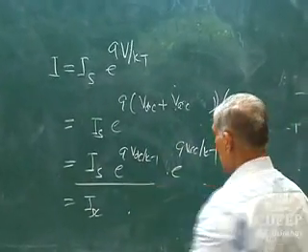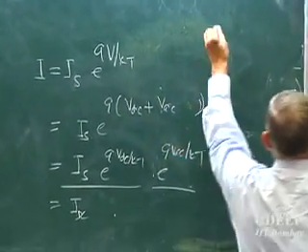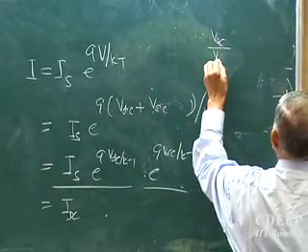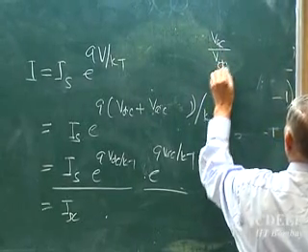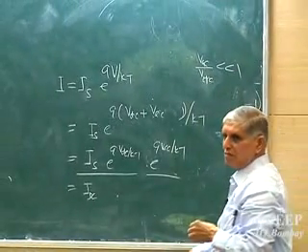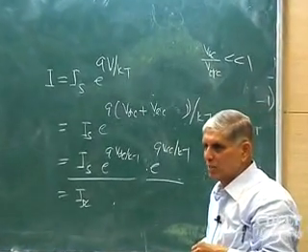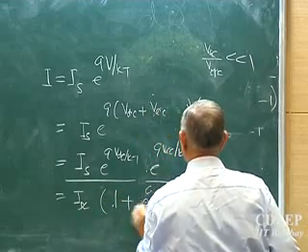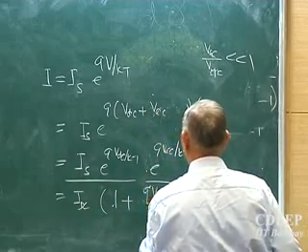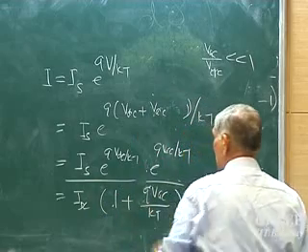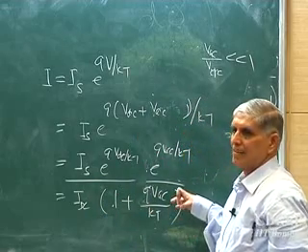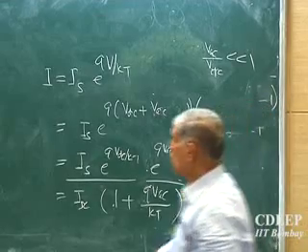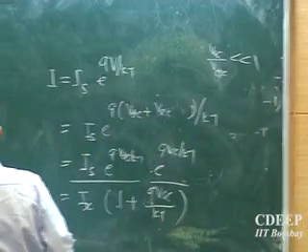And if VAC by VDC is much smaller than 1, that is, if you choose small signal values, this can be expanded as 1 plus qVAC by kT. Is that clear? So how much is the AC current?